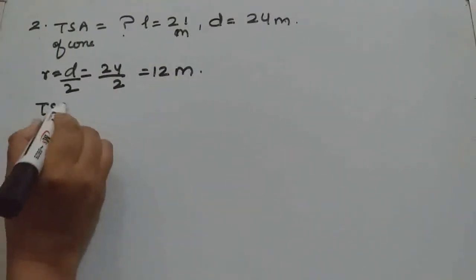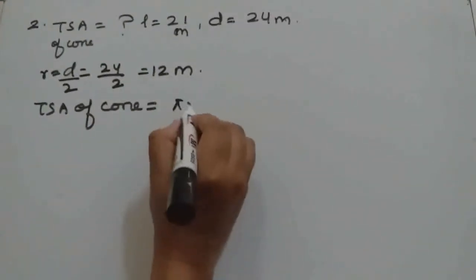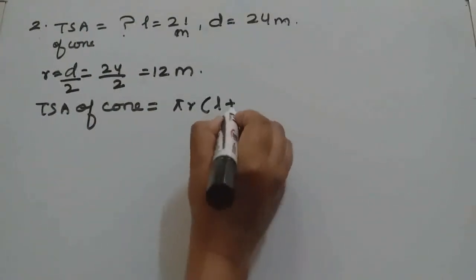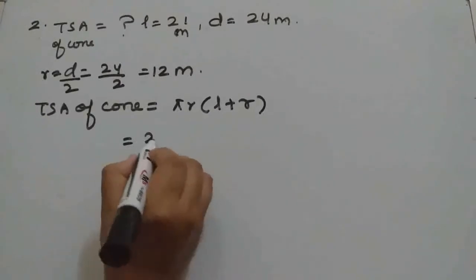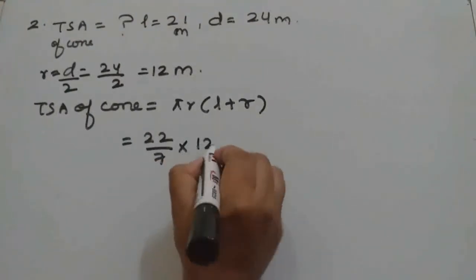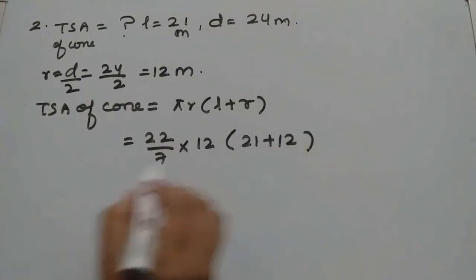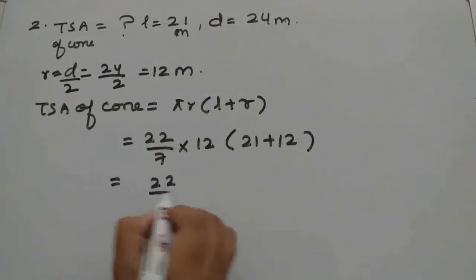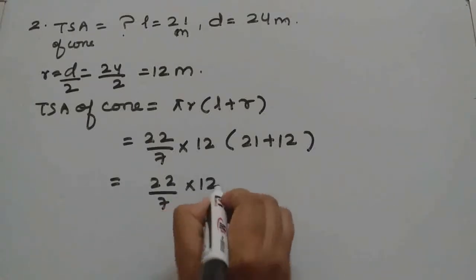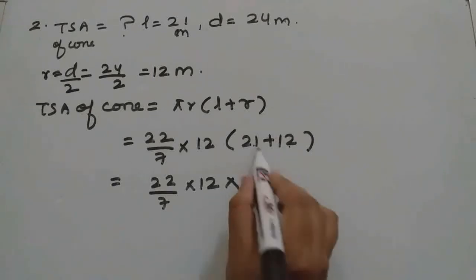Then TSA of cone will be pi r bracket L plus r. So 22 by 7, r is 12, L is 21 plus r is 12. Okay, so 22 by 7 into 12 into this we can add to get 33.